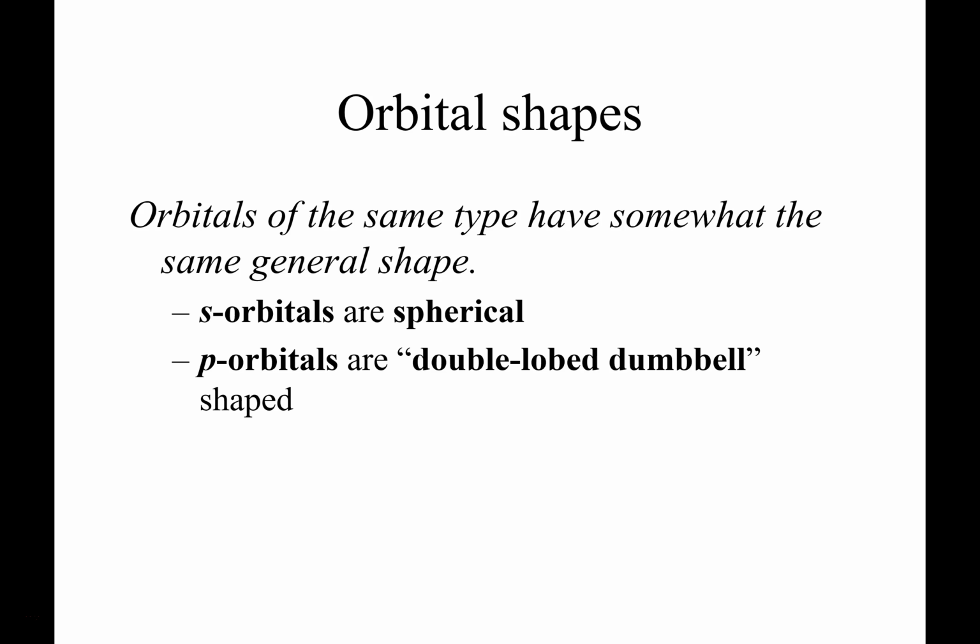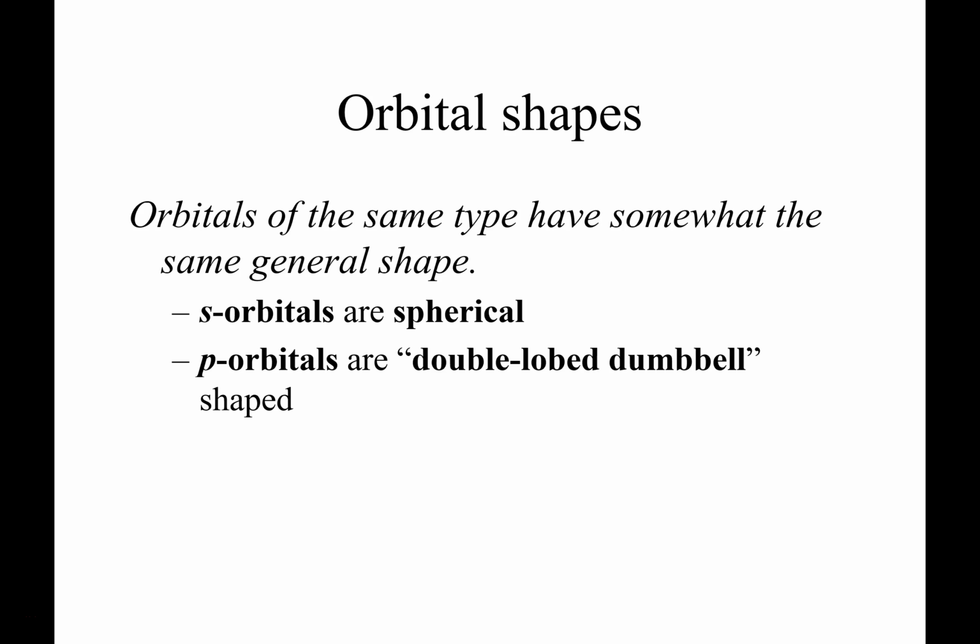And so the way this works then is there is kind of a shape to this space. So let's talk about those shapes. The two shapes that I want you to for sure be able to find your way around are the S. If it's an S orbital, whether it's a 1s, 2s, 3s, 5s, or whatever, the electrons are buzzing around the nucleus in a spherical shape. Isn't that cool?